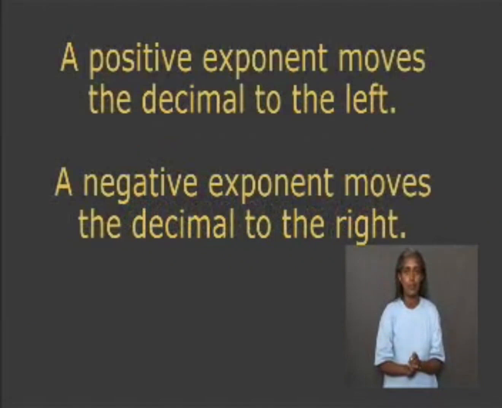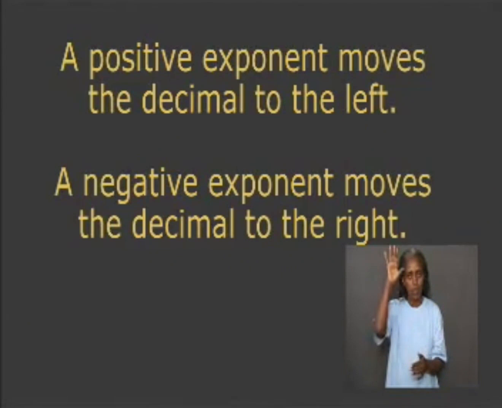A power of 10 with a positive exponent, such as 10 to the power of 5, means the decimal was moved to the left. A power of 10 with a negative exponent, such as 10 to the power of negative 5, means the decimal was moved to the right.